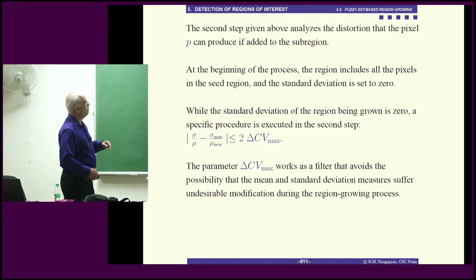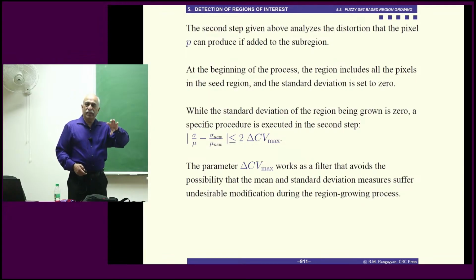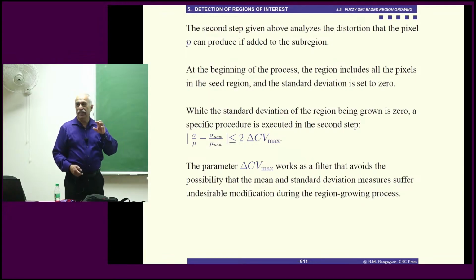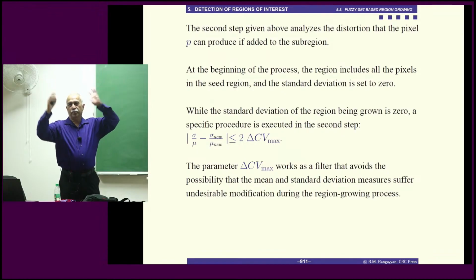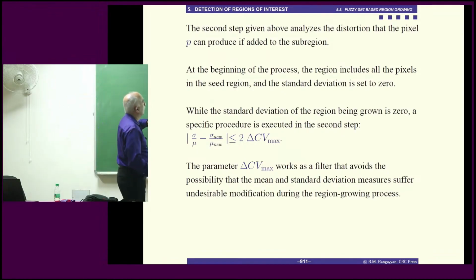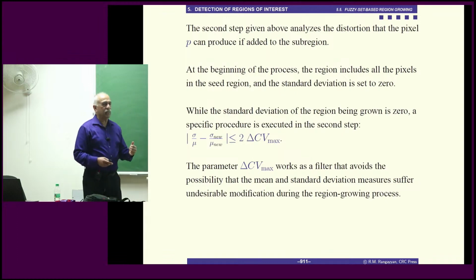So the second step analyzes the distortion that this new pixel could cause to the statistics, and by putting that condition, we maintain some stability. Otherwise, the region could keep growing. So this parameter works as a filter that avoids the possibility that the mean and standard deviation suffer undesirable modification.